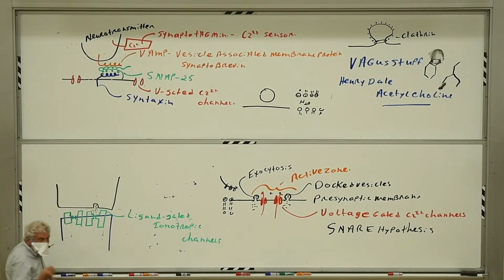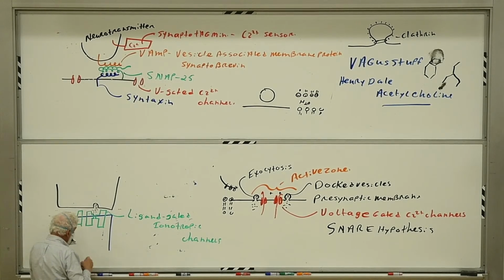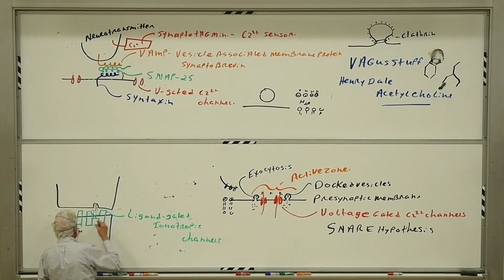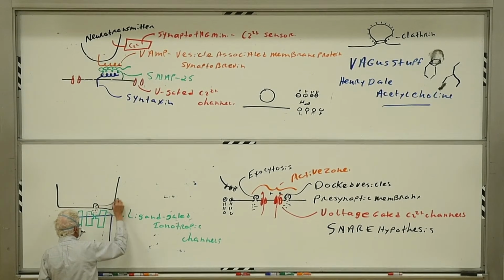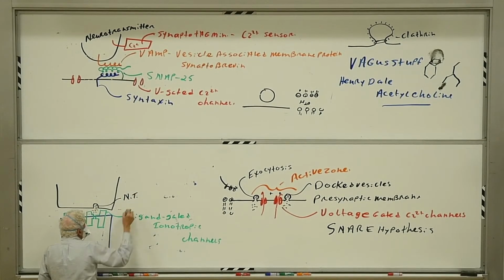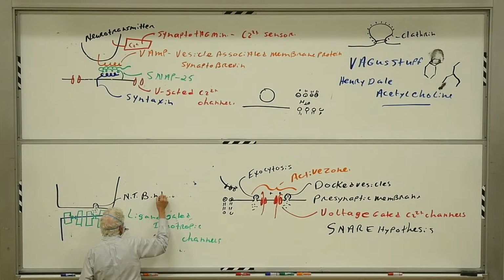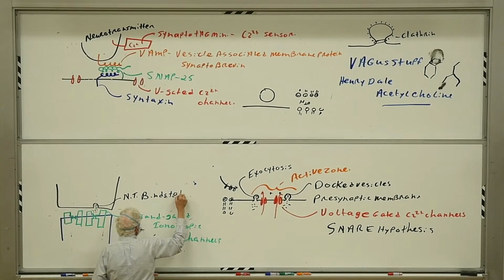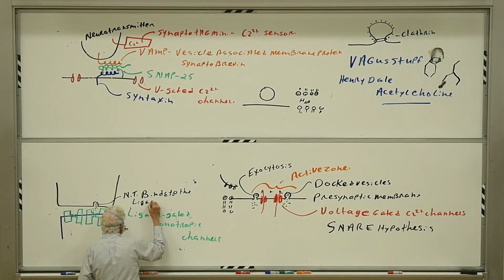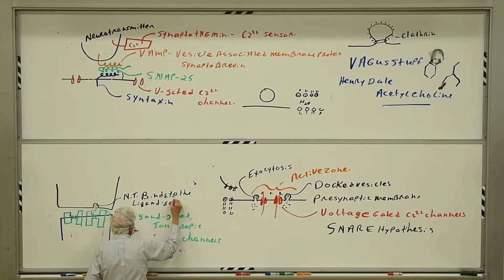Well, that's a mouthful. What does it mean? Well, we can walk our way through this and say that the neurotransmitter, and this neurotransmitter could be glutamate, it could be acetylcholine, but it's a neurotransmitter, binds to the ligand-gated ionotropic channel.